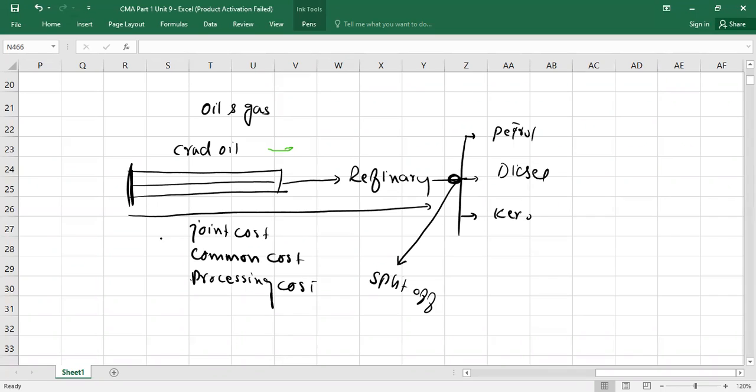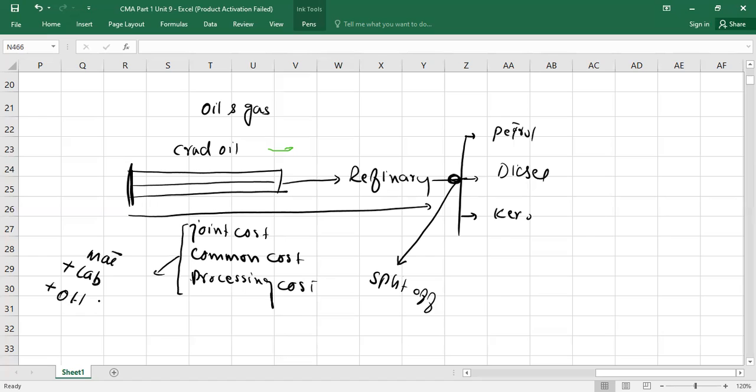Mainly the joint cost, common cost, or processing cost will include three costs: the cost of material, the cost of labor, and the cost of overheads. Material, for example, crude oil. Maybe you're buying crude oil from somewhere, it's a cost of material.